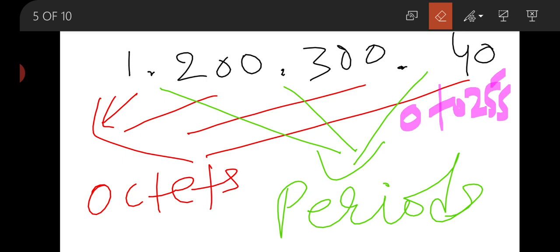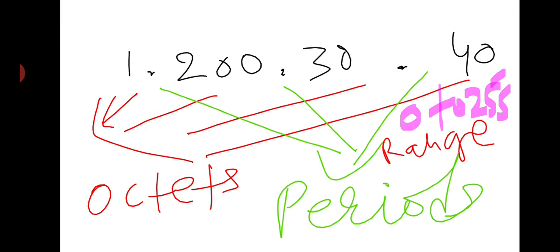Now you can take it as 30. This is your range of decimal value, 0 to 255. Now this is all about your IPv4 address.